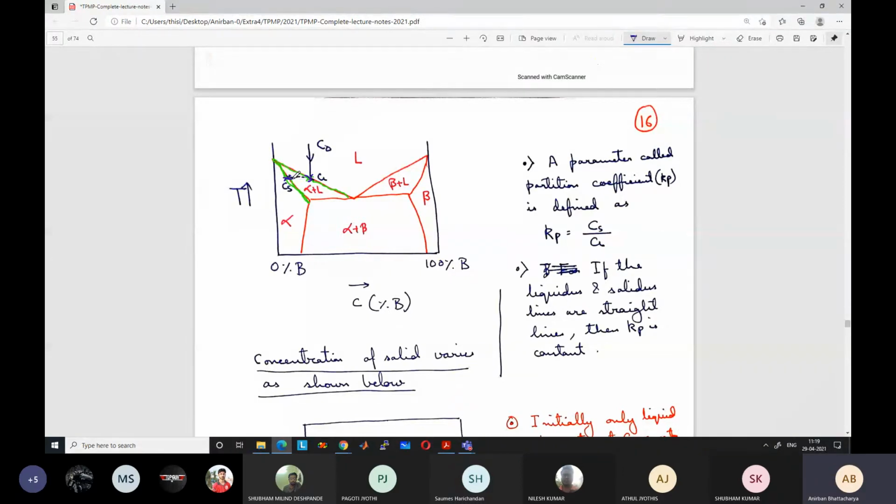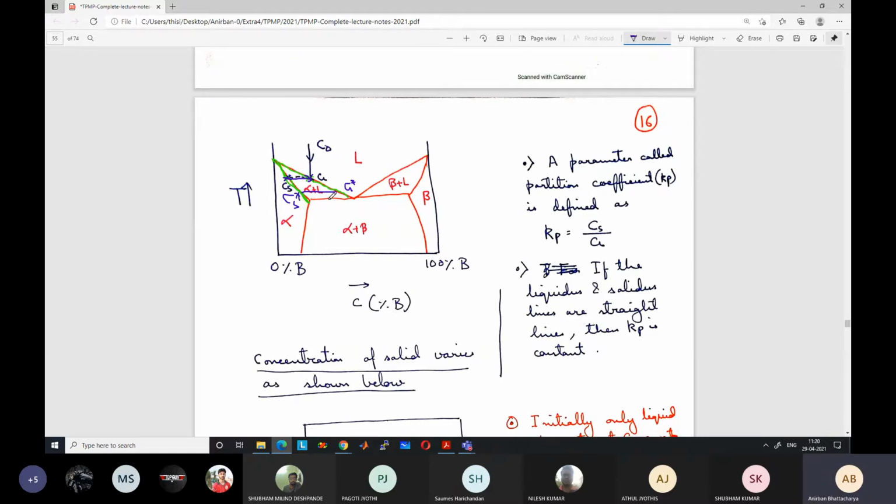At any other point, the same thing is valid. Writing is very difficult with the mouse. If the concentration of the liquid is Cl star, the concentration in the solid is Cs star, and they are related by the phase diagram.